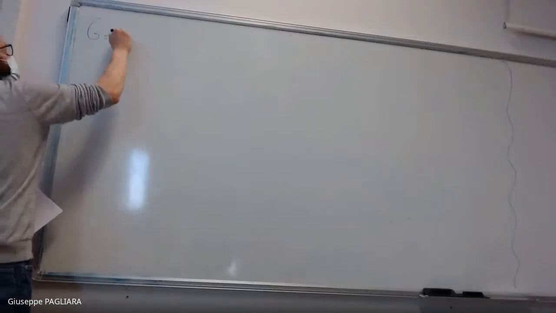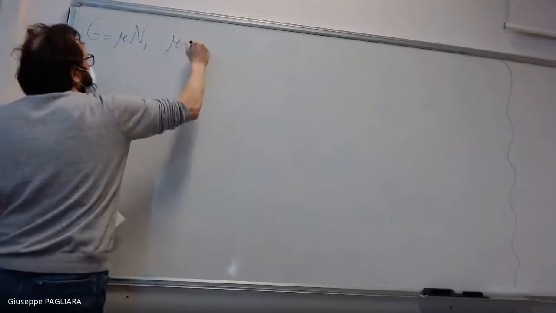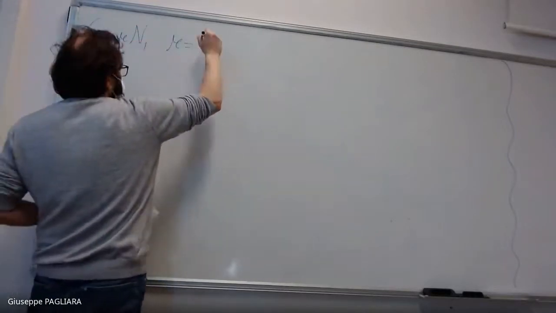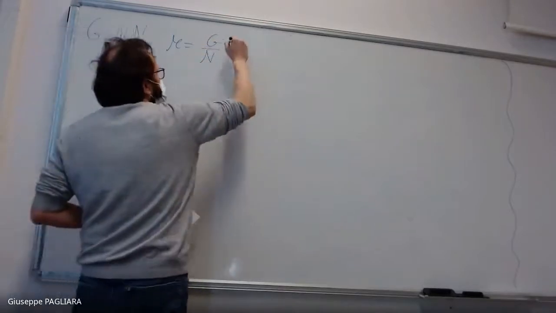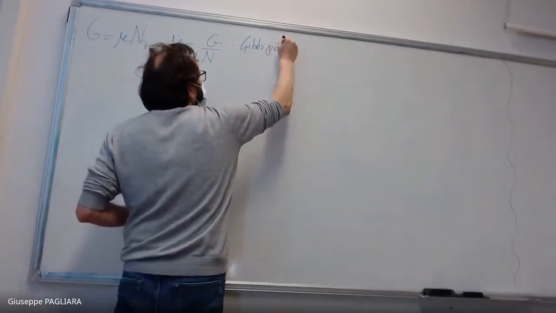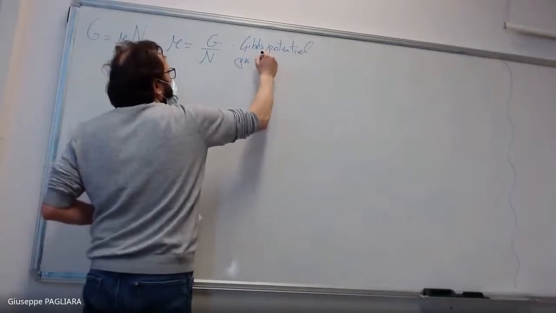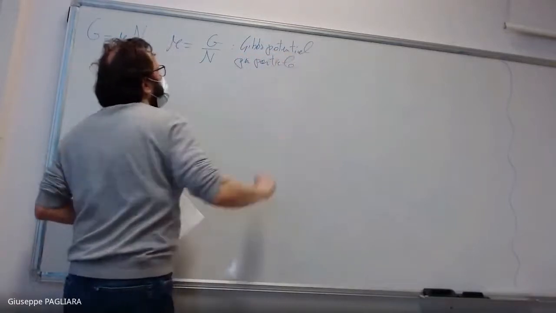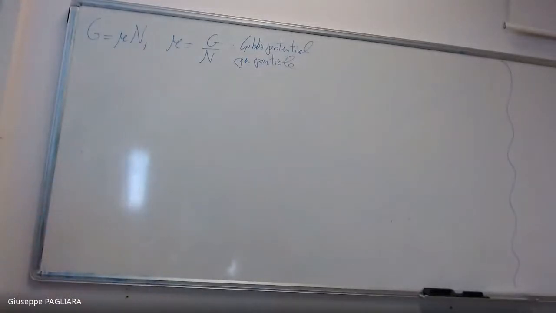So let me write again G is equal to mu times N, from which we derive that mu is G divided by N, which is the Gibbs potential per particle. This is another interpretation of the chemical potential. This is the Gibbs potential per particle.